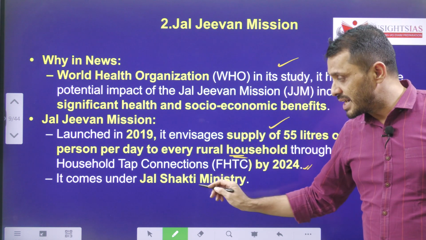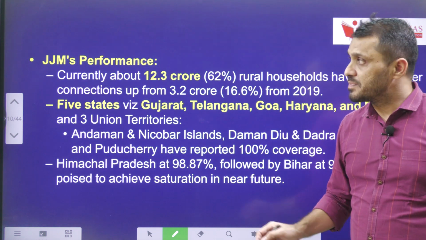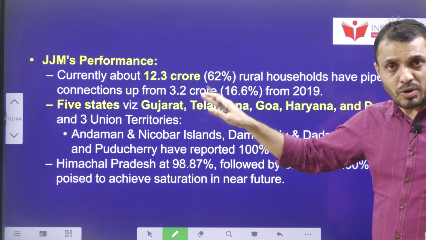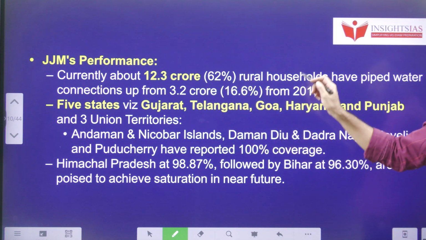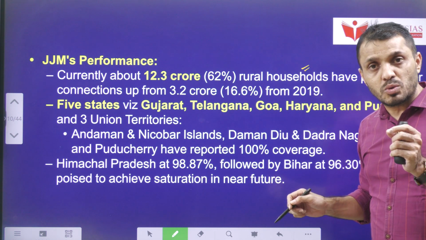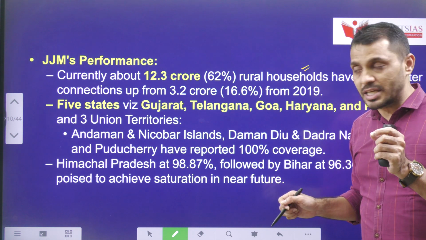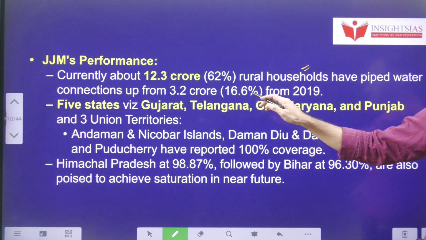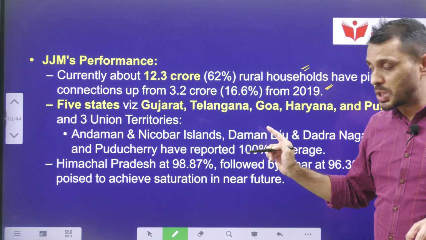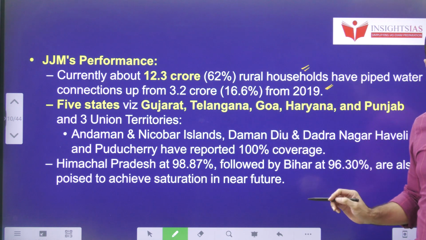It is operated by the Jal Shakti Ministry, and it is now providing tap water to around 12.3 crore rural households. That means out of entire India, 62% of rural households are getting safe drinking water compared to only 16.6% in 2019. That is a very remarkable progress from 16% to 62%.